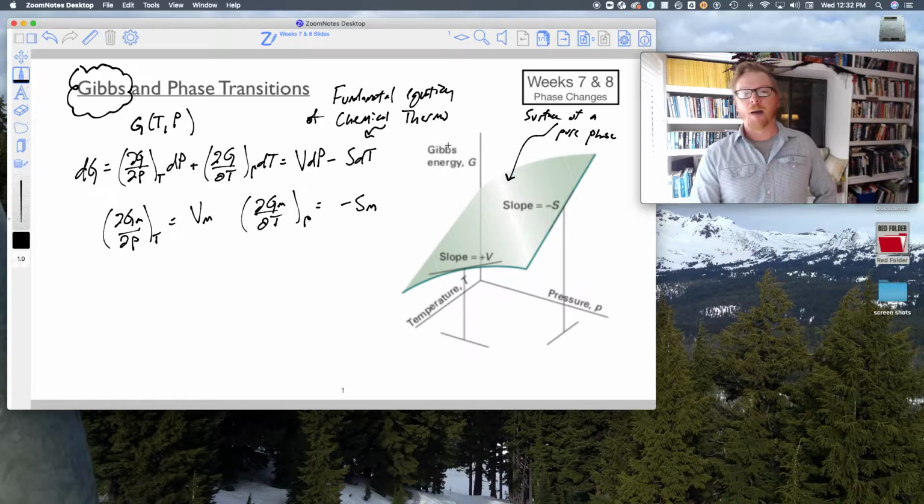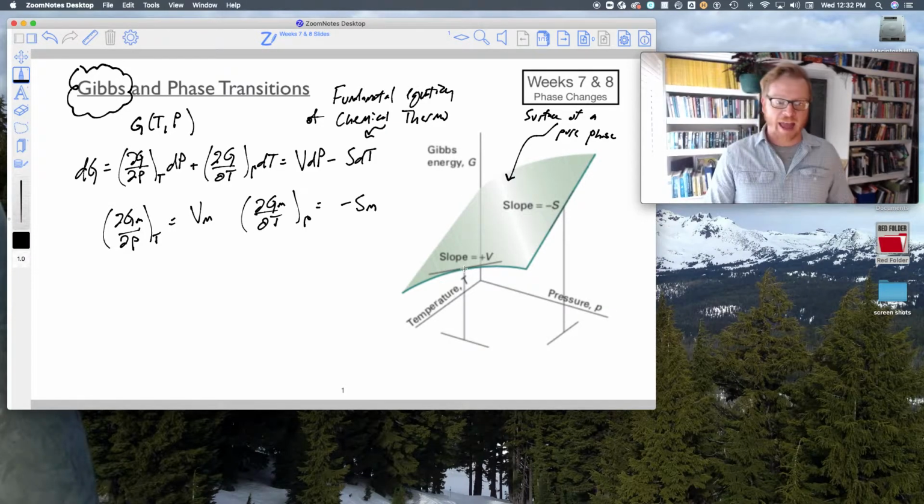And when we look at the relationship between G and T, a graph of G versus T would give us a plot where the slope is negative entropy. And if we had a plot of G versus P, the slope would be positive volume, which is pretty cool.